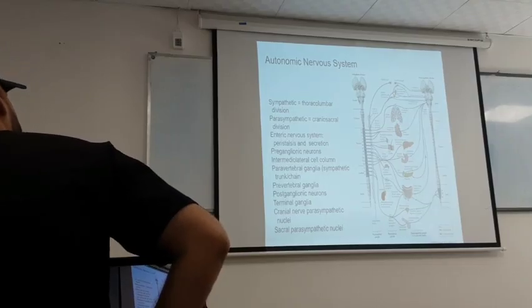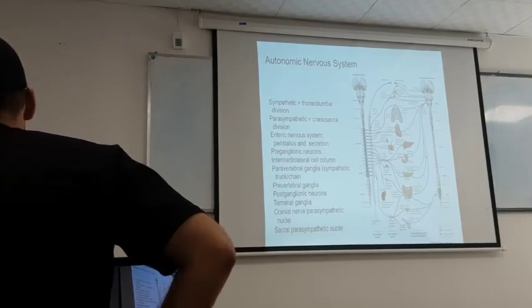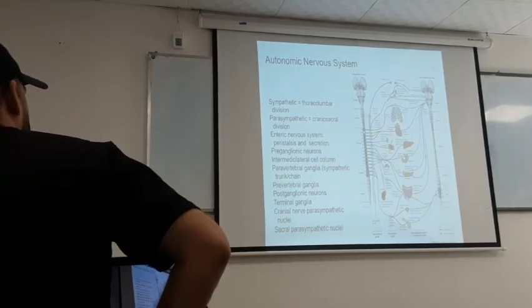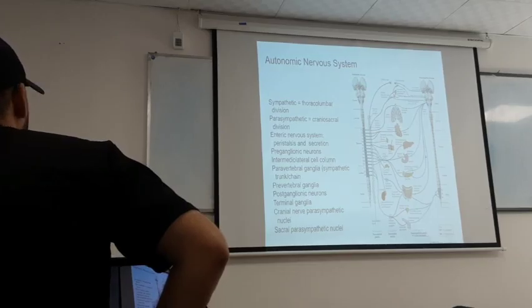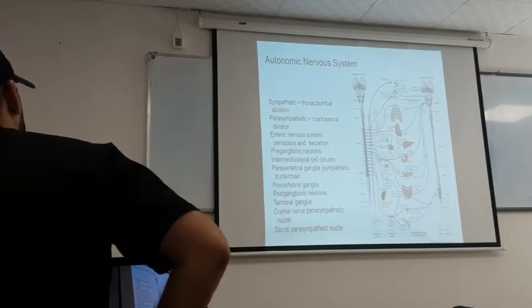Autonomic system. Autonomic system has two parts, sympathetic and parasympathetic. Sympathetic only in T1 to L2. Sympathetic only in the spinal cord. Which part of the spinal cord? The lateral horn of the spinal cord.